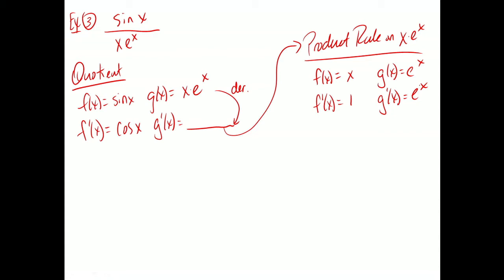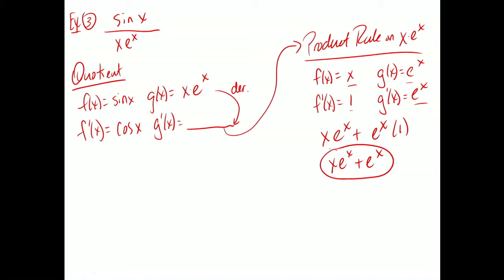And the product rule says when I put my pieces together, I should get f times the derivative of g, plus g times the derivative of f. So times 1, which I don't really need to write down, right? It's just x e to the x plus e to the x. Okay, so I completed the product rule, and that's my result.